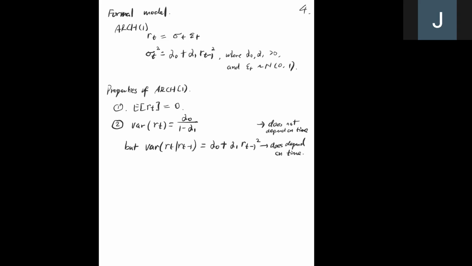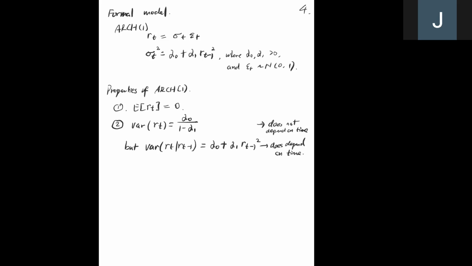However, we see the variability of the model is certainly not a constant. So we find the conditional variance of the return is not a constant. It actually depends on time. So you can see that this ARCH(1) model captures all the features that we see in our Dow Jones return data.